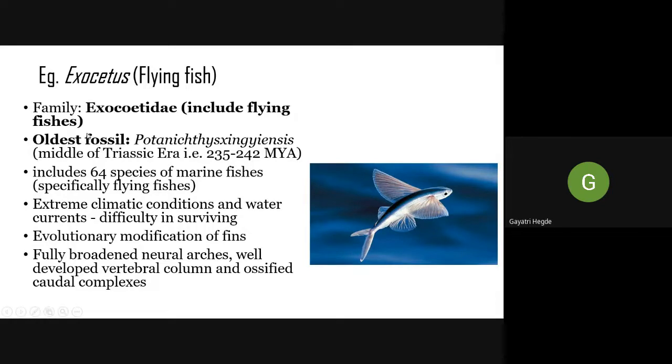Now this family involves 62 species of marine fishes, especially flying fishes.